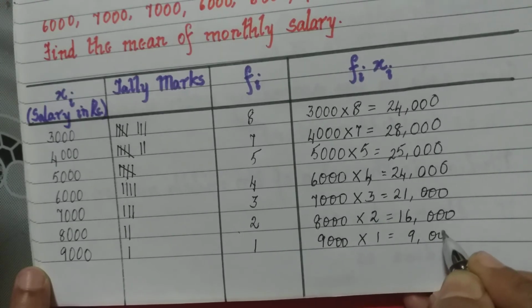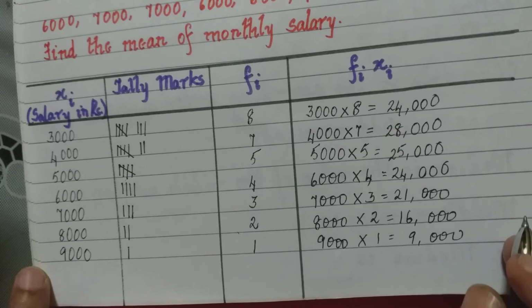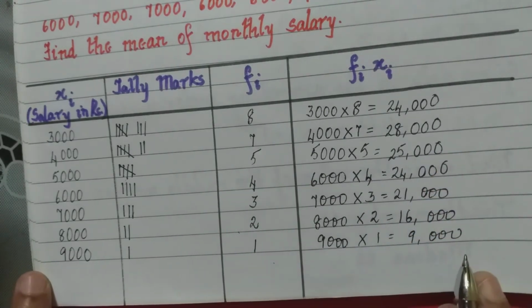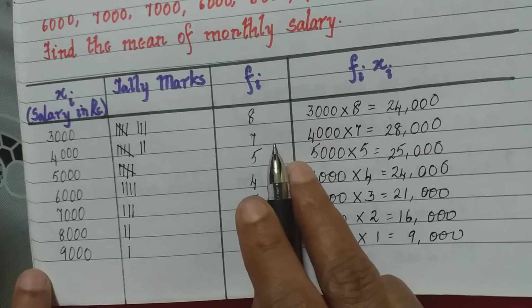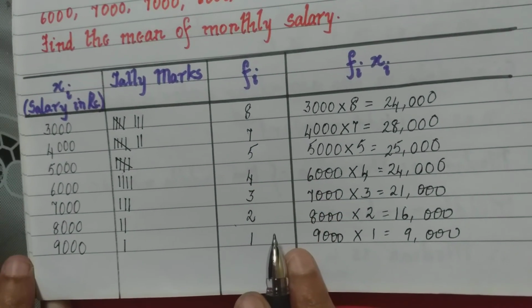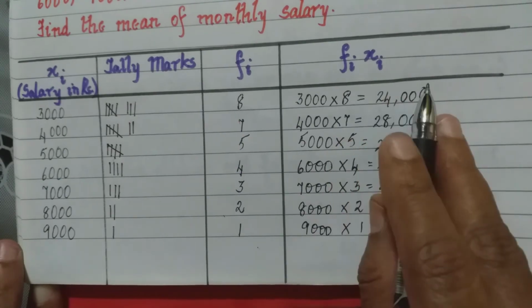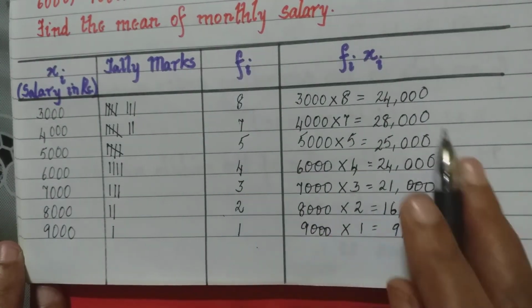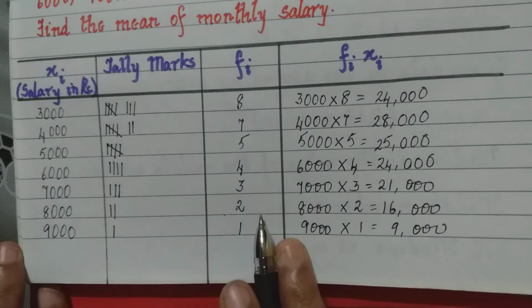Now what we have to do is add all the frequencies and add all this, because when I have to find the mean, how do I find it? Sigma fi xi upon sigma fi. Sigma means total. So total of this upon total of this.